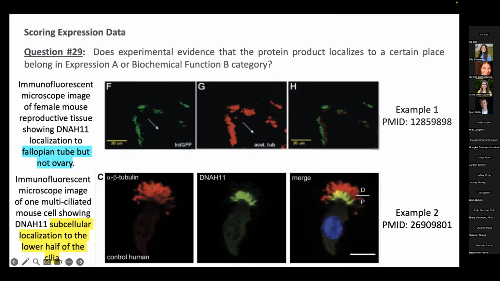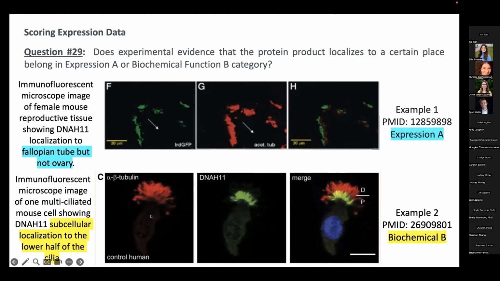The cilium is like a mohawk haircut that the cell has, and the protein of interest is in green, locating to the bottom half of the cilium. That sounds more like it's getting at the job of the protein within the cell. It's not just localizing to certain ciliary tissues, it's also getting at the job that it does.